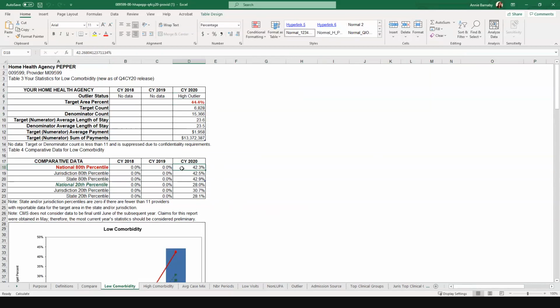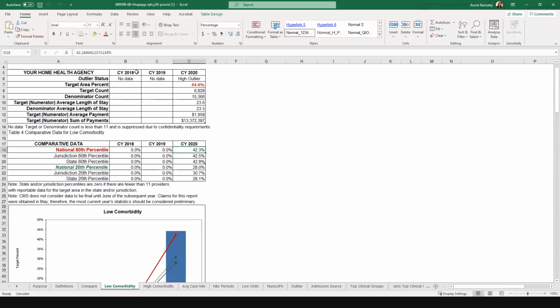What outcome was listed on that line when it was drawn, so we could separate those 80% of where those providers fell? And that was at 42.3%. So as you can see, of course, 44.4 is higher than that. So this provider's outcome fell above that black line.